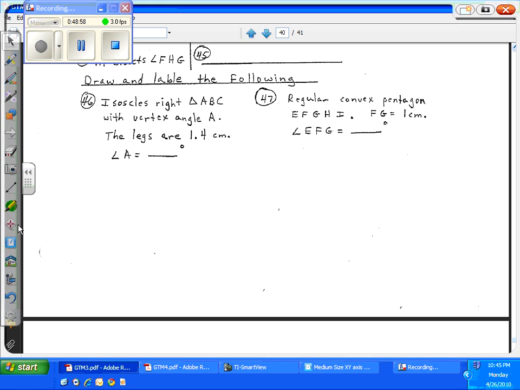What you could do is try to create your vertex angle A. And what I would do is get a compass, get the little pointy part, and then the pencil. And I would open it to 1.4 centimeters.